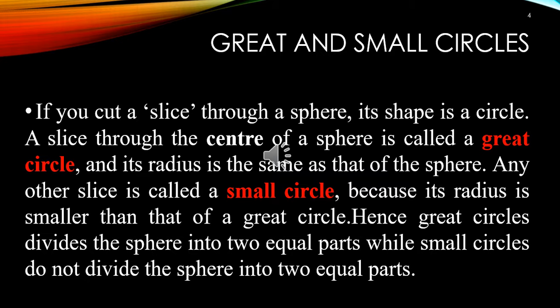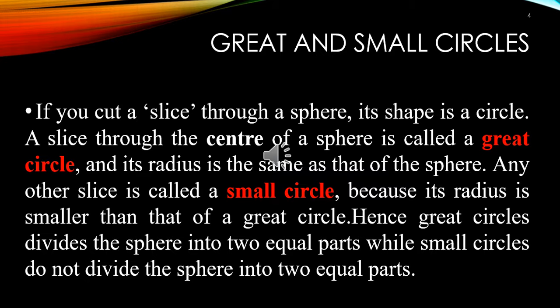Any other slice is called a small circle because its radius is smaller than that of a great circle. Hence, great circles divide the sphere into two equal parts, while small circles do not divide the sphere into two equal parts.